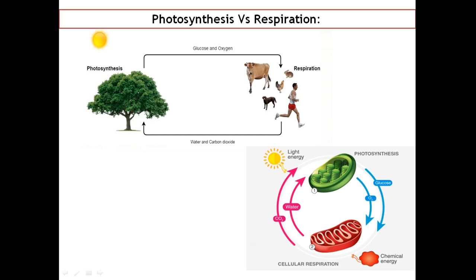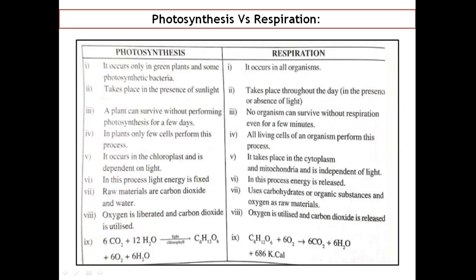Let us explore some more differences between these two processes. Photosynthesis occurs only in green plants and some photosynthetic bacteria, whereas respiration takes place in all organisms. Photosynthesis takes place in the presence of light, whereas respiration takes place throughout the day, in the presence or in the absence of light.